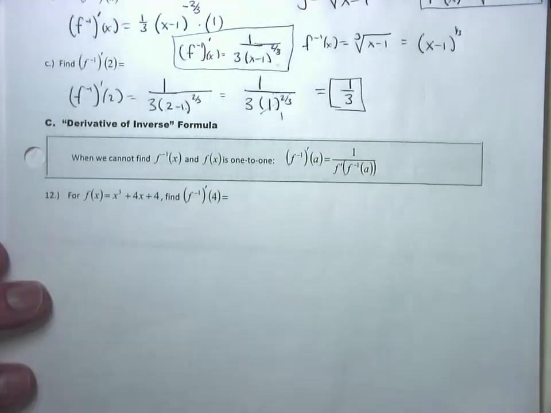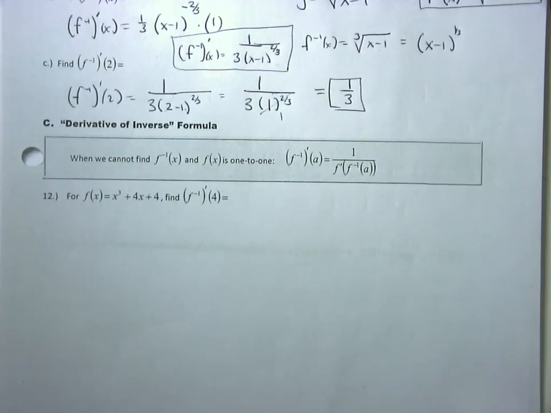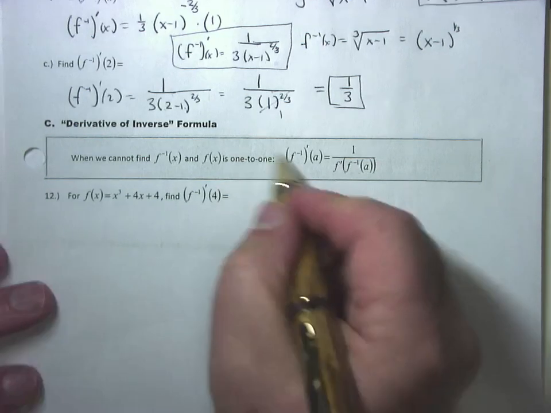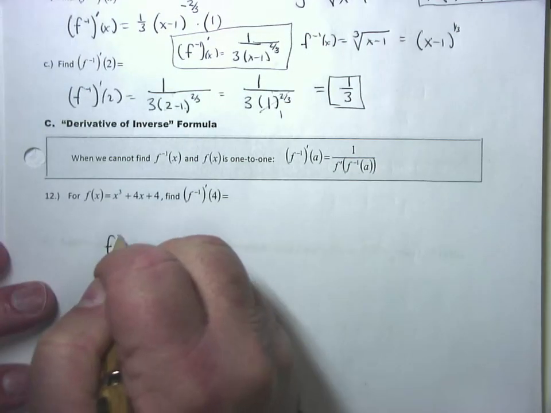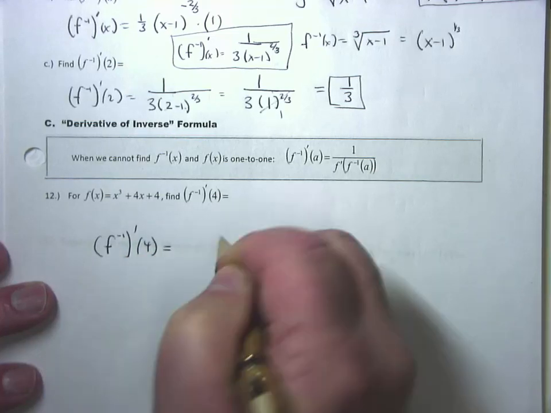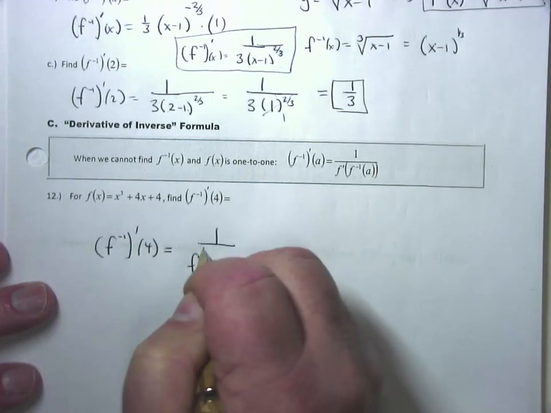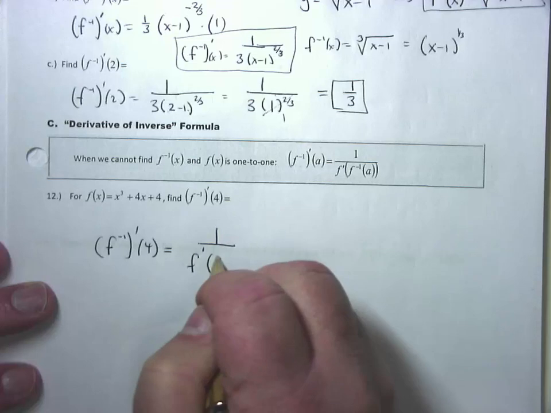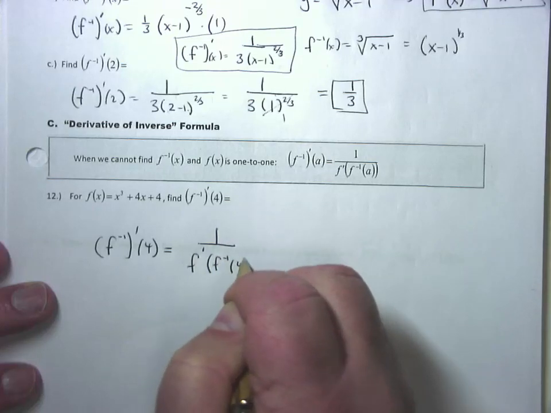They're telling me that f of x is equal to, in this problem, x cubed plus 4x plus 4. Your mission, find f inverse prime of 4. According to the rules, f inverse prime of 4 would be equal to 1 over f prime evaluated at f inverse of 4.